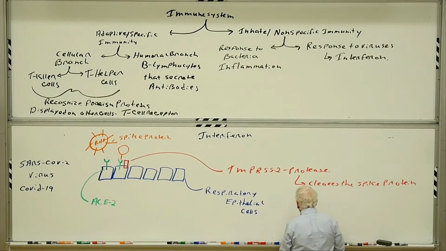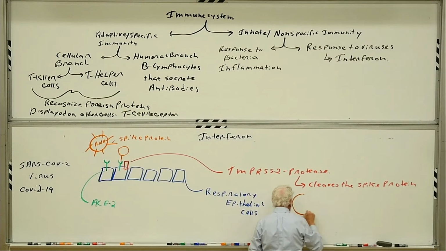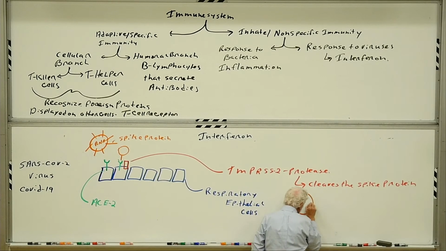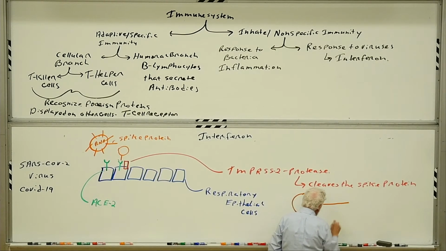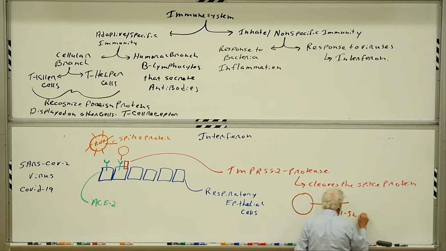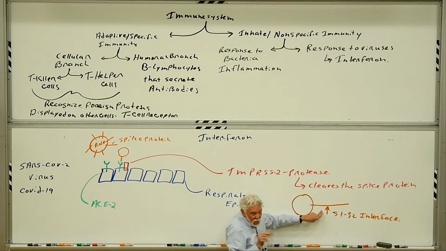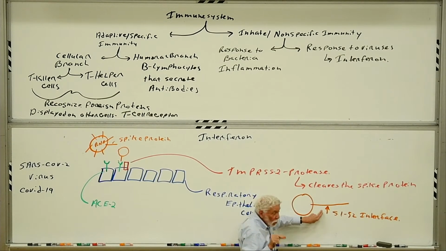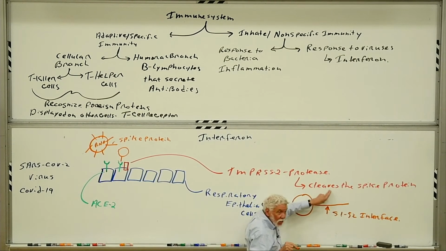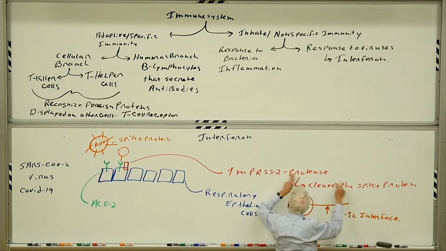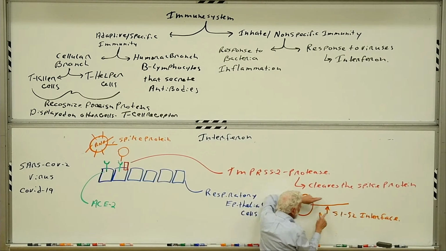If we look at one of these spike proteins coming out as a transmembrane protein, there's a region right here called the S1, S2 interface. Turns out there are a bunch of arginines in here. That's not important. But it's the arginines probably that are a signal so that these TMPRSS2 can bind this thing and they cleave it.